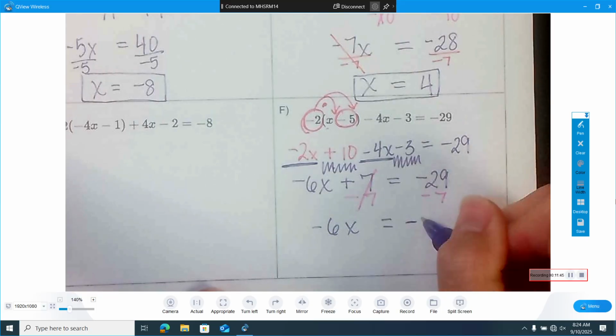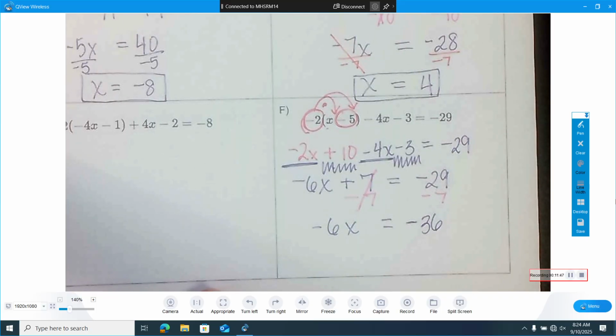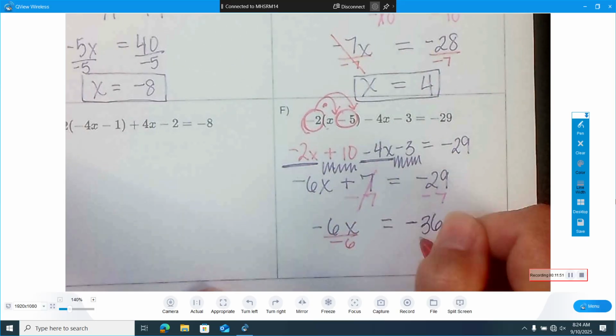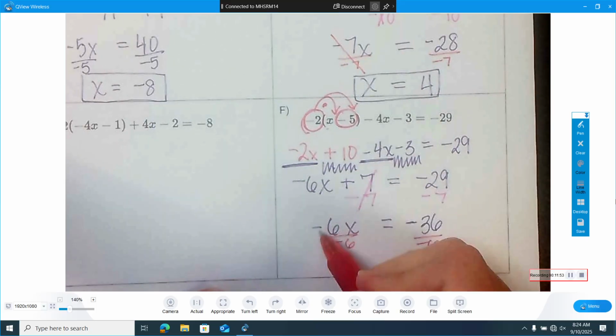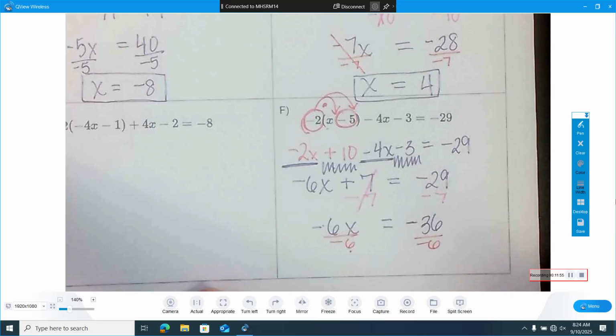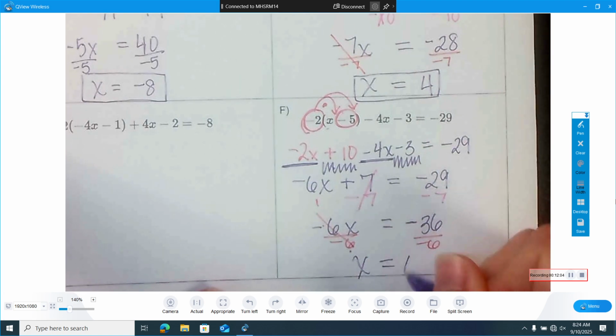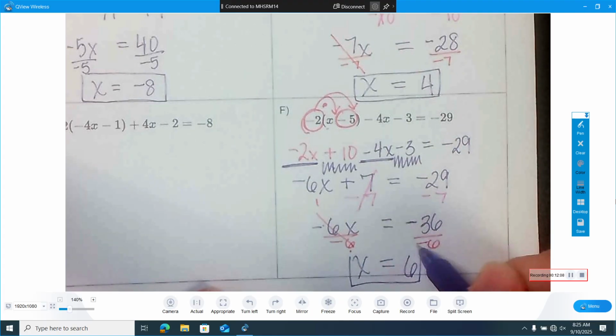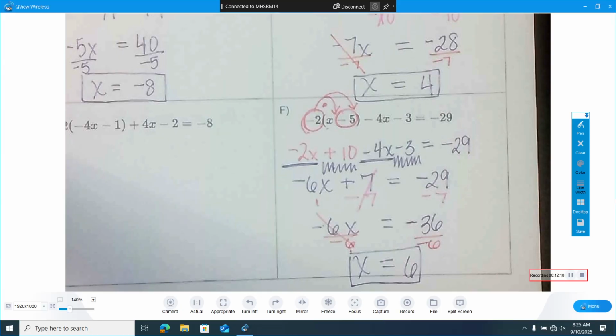A whole lot of negatives, 36 of them. And then we need to divide by -6. Very good. -6 divided by -6 is? 1. So we get 1x is equal to +6. Negative divided by negative is positive. 36 divided by 6 is 6.